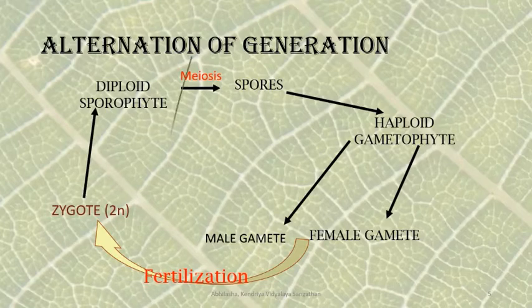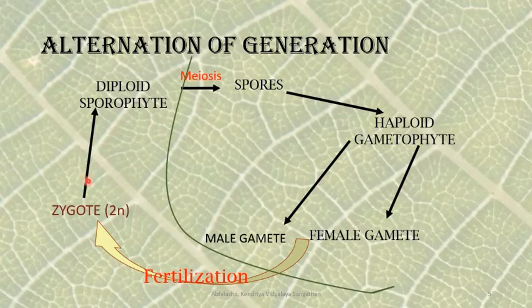Now you can see that the entire life cycle can be divided into two phases. One phase in which the cells are haploid and another phase in which the cells are diploid, and these two phases continuously alternate with each other. This is known as alternation of generations.